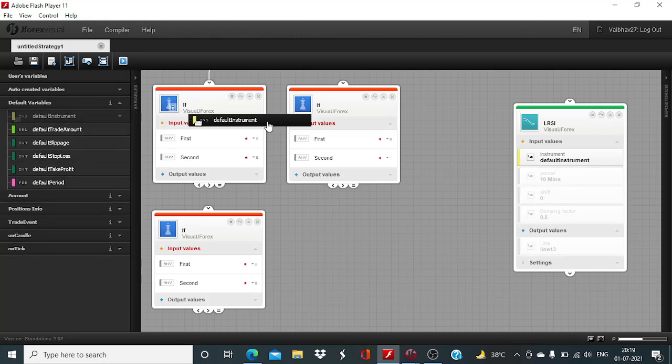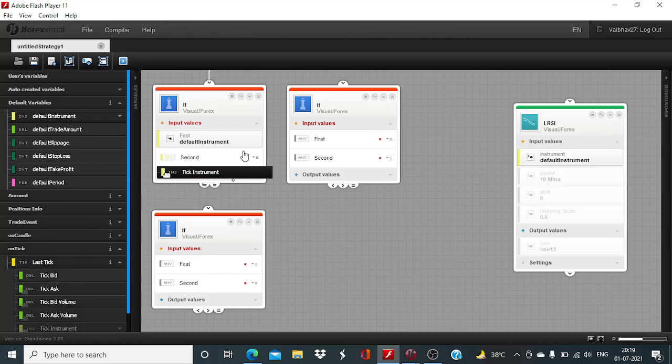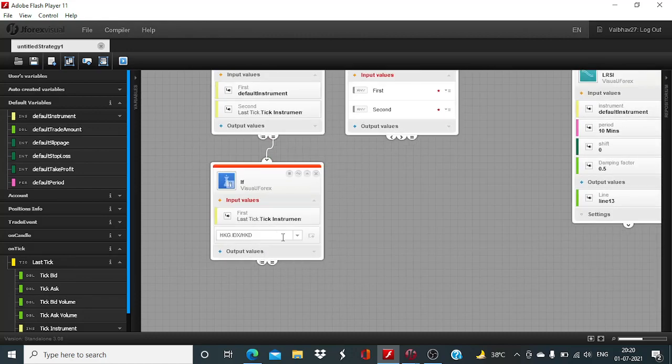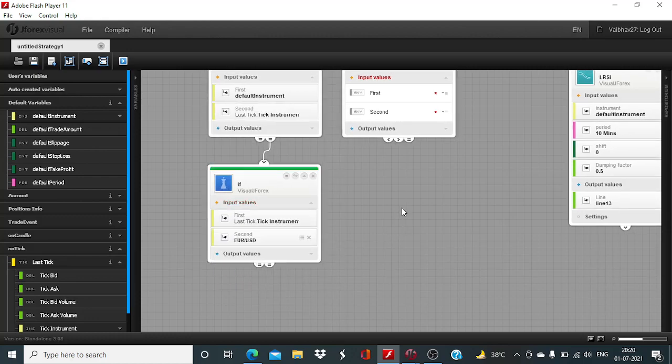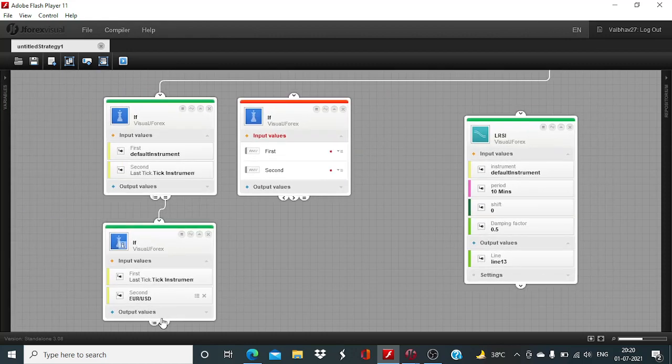Default variable, default instrument, then should match to the tick instrument, and tick instrument should then match to the instrument of our choice. Here I will have to find the Euro USD amongst these listed instruments, and fortunately enough, I have found it in no time.